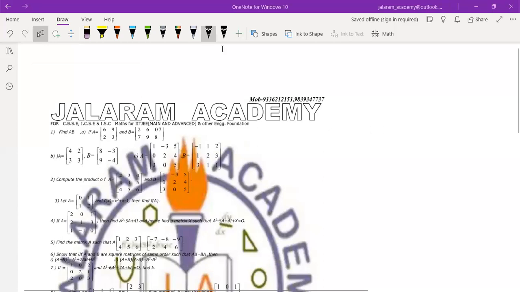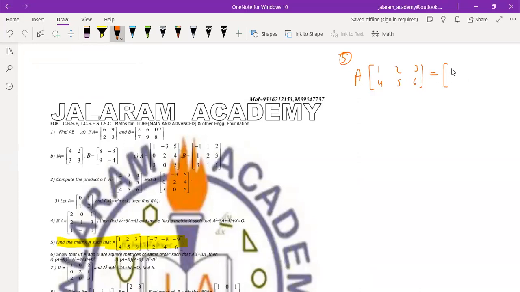So let's now discuss question number 5. Find the matrix A such that matrix A into the matrix with first row 1, 2, 3 and second row 4, 5, 6 equals to minus 7, minus 8, minus 9, 2, 4, 6.